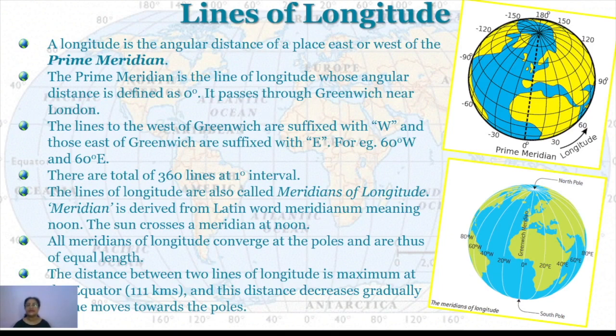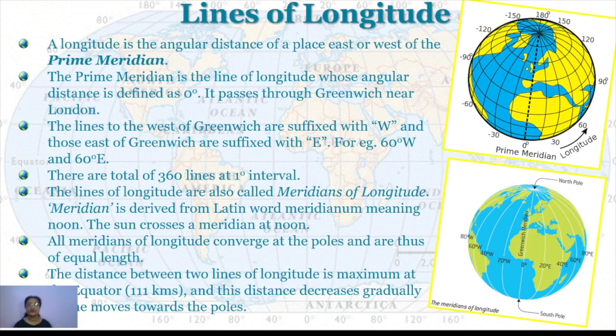Now what is the prime meridian? The prime meridian is a line of longitude which has an angular distance of 0 degrees, and as you know, it passes through Greenwich. There is a township very close to London, that is Greenwich, and this prime meridian or 0 degree longitude passes through Greenwich, so many times it is also termed the Greenwich meridian.